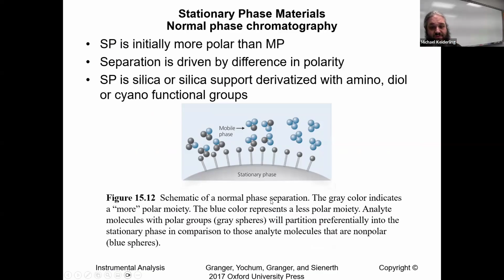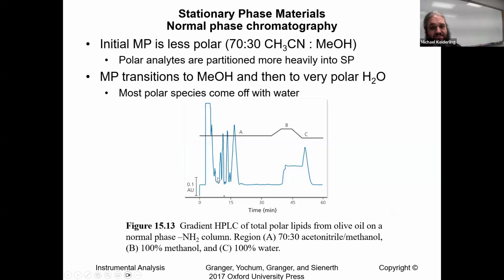So this is sort of a schematic of normal phase separation. Gray is more polar, blue is less polar. So the gray stuff is held back, the mobile phase is less polar, so the analyte will partition preferentially into the stationary phase compared to those analyte molecules that are nonpolar. The initial mobile phase is less polar, for example 70-30 acetonitrile and methanol.